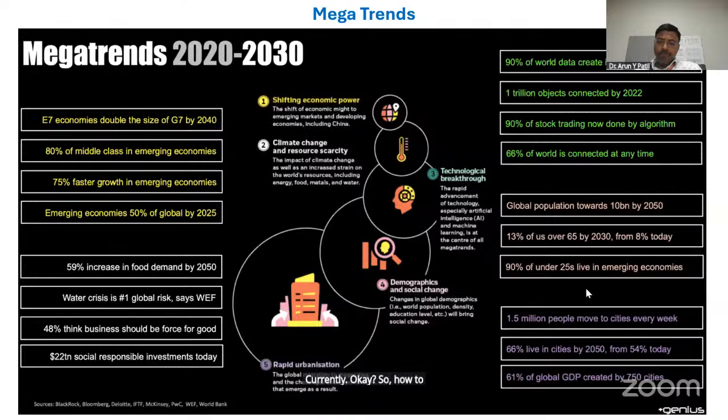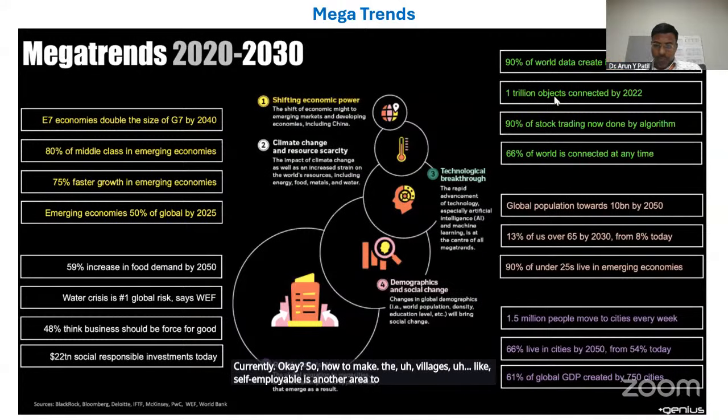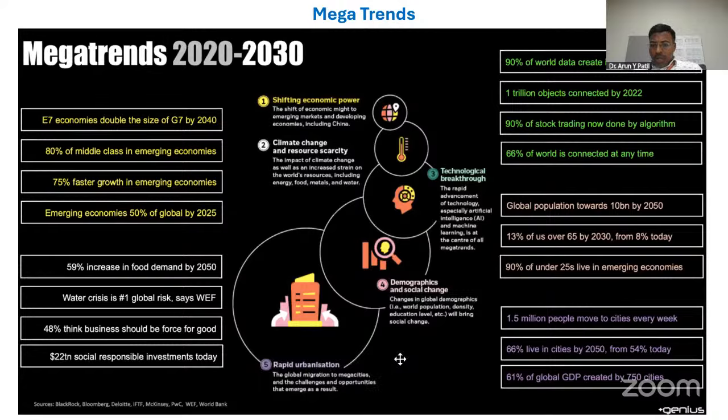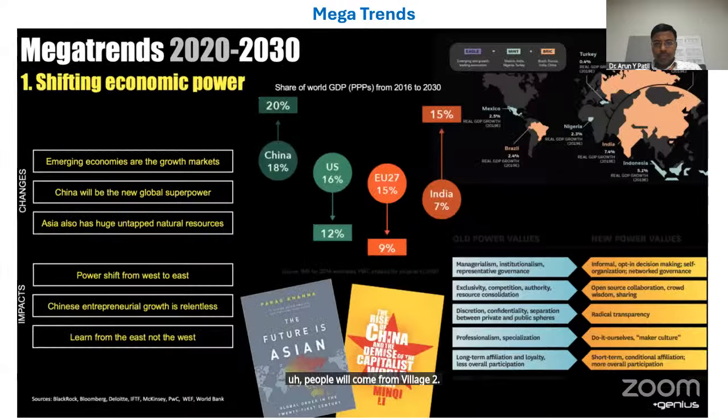So how to make villages self-employable is another area to look out for. There is one more thing: 66% will live in cities by 2050, which is currently 54%. So by 2050, more than 10% more of the people are expected to move from villages to cities.